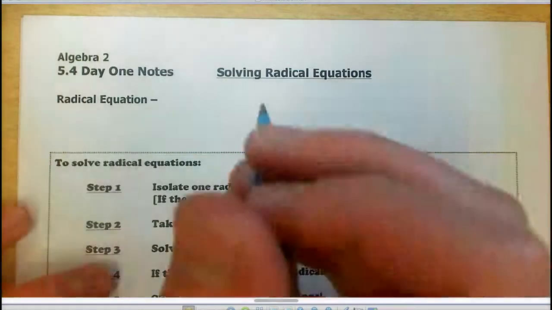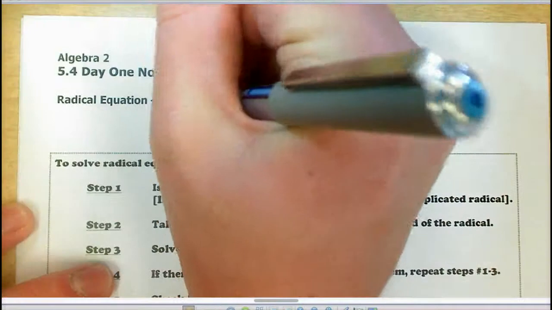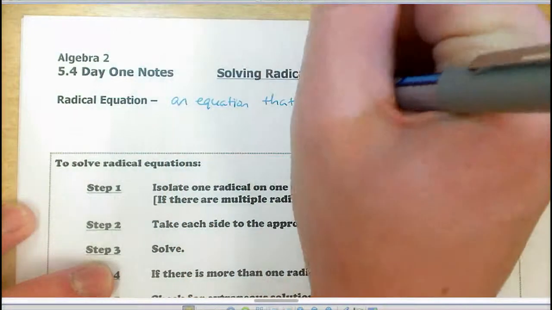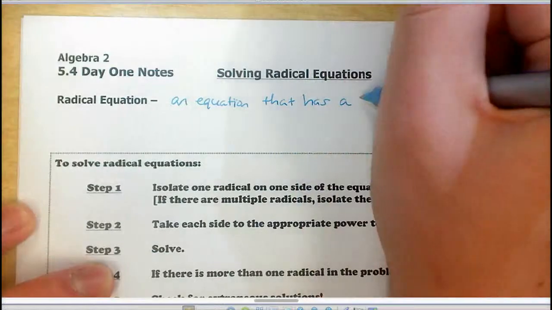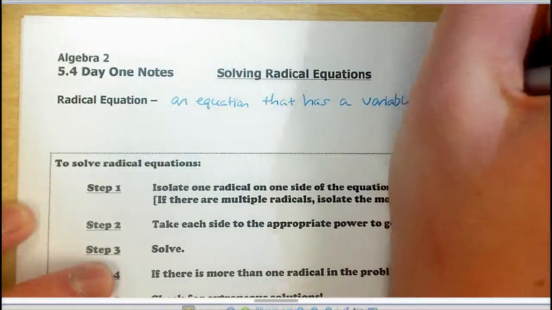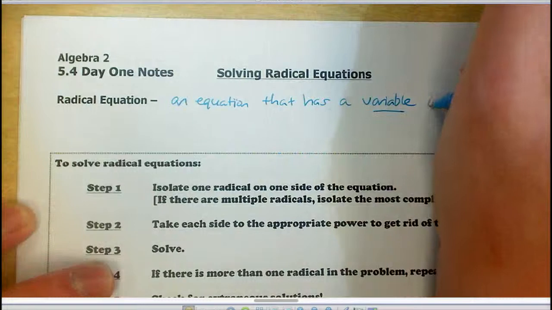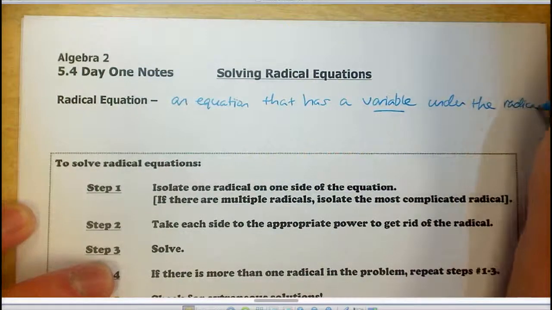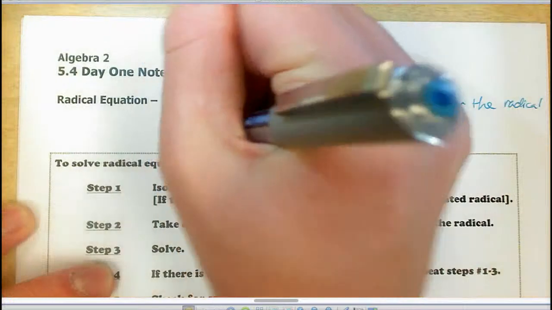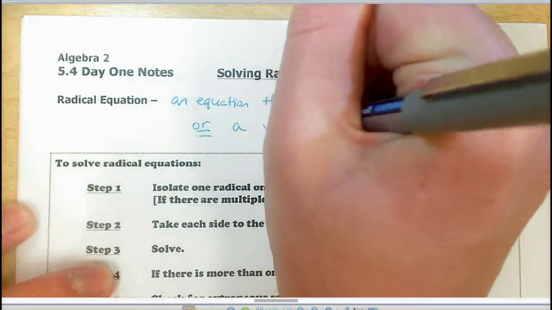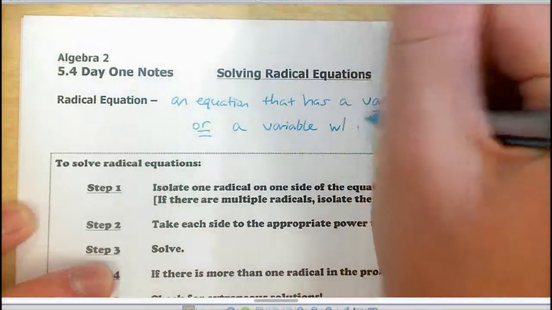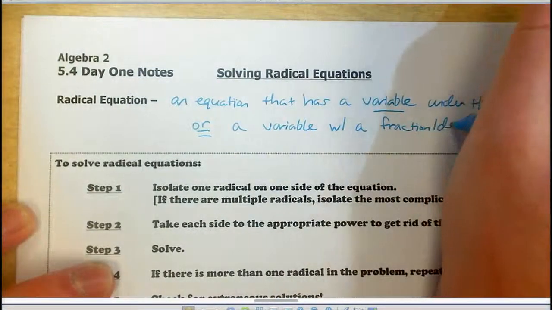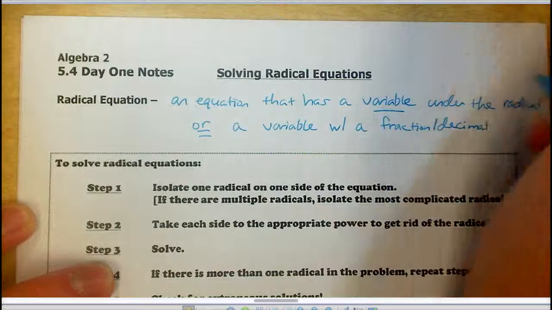A radical equation is just an equation that has a variable under the radical, or a variable with a fraction or decimal, otherwise known as rational, exponent.